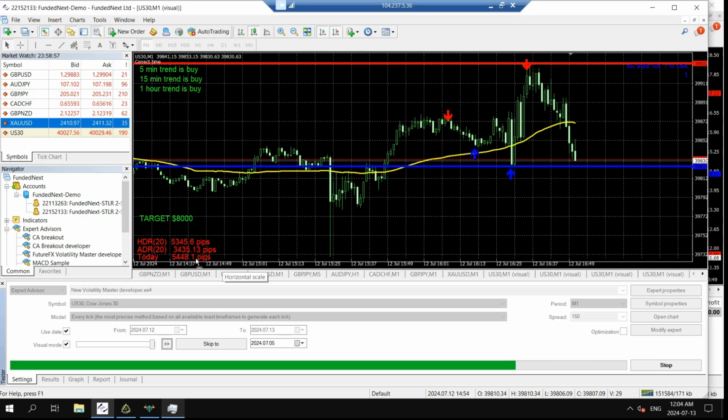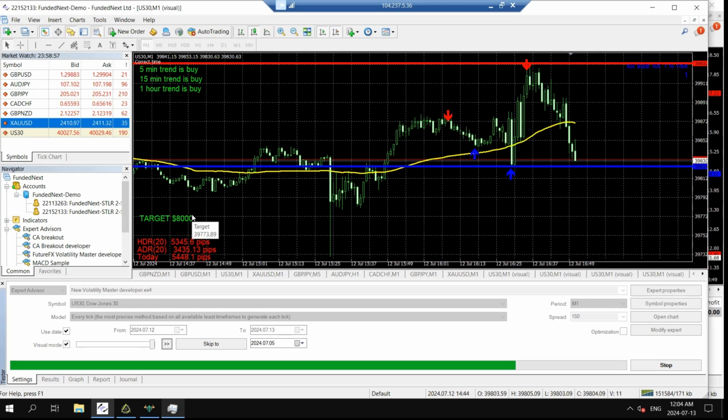Down the bottom left, it's identifying the average daily range of the last 20 days, the highest daily range, and how far the market's moved today. That doesn't actually play a part in this particular software's calculations, but it is handy information for the trader to have access to easily.